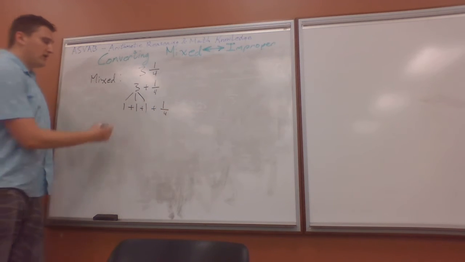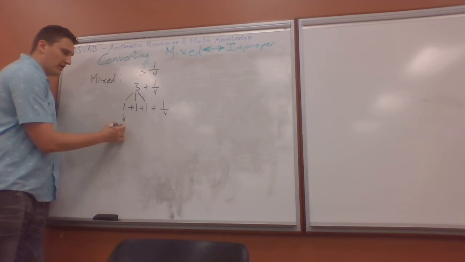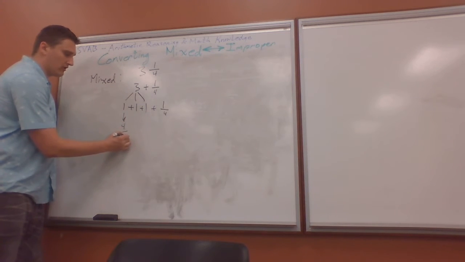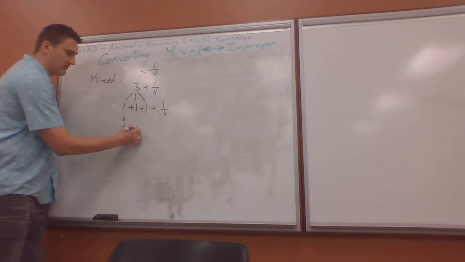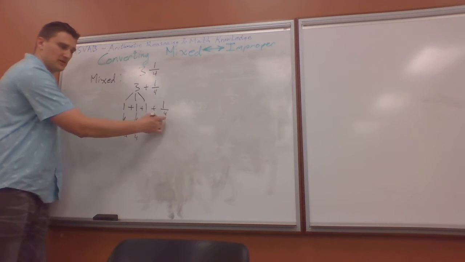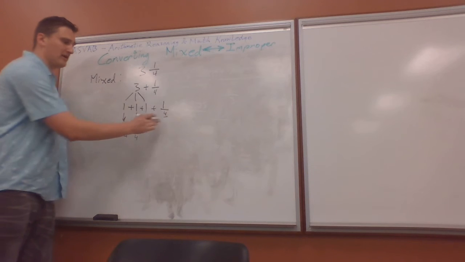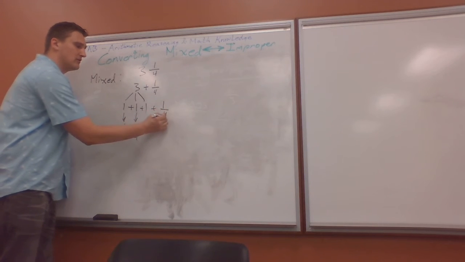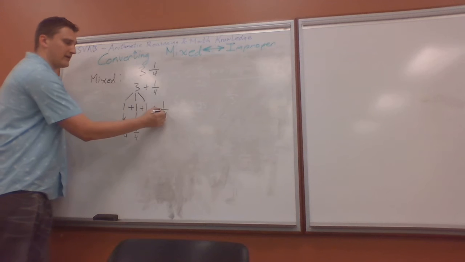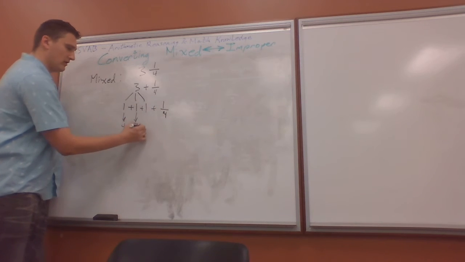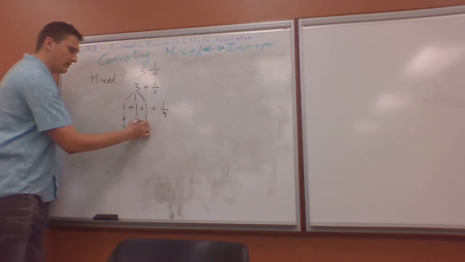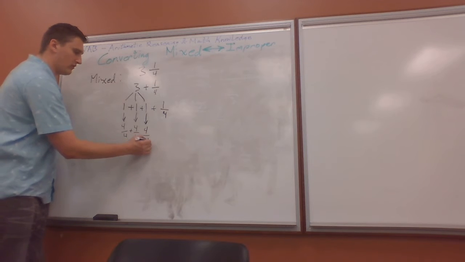And hopefully we know enough about fractions to know that 1 is equal to 4 over 4. So I'm going to go ahead and convert all my 1s into 4 over 4. Reason being, well, I see a denominator there. I want to have something to compare it to. All right, and then 1 becomes 4 over 4.